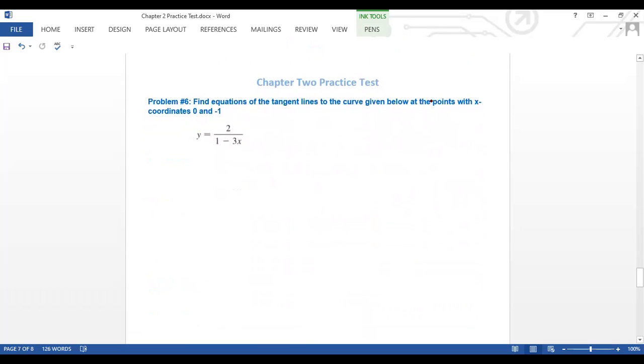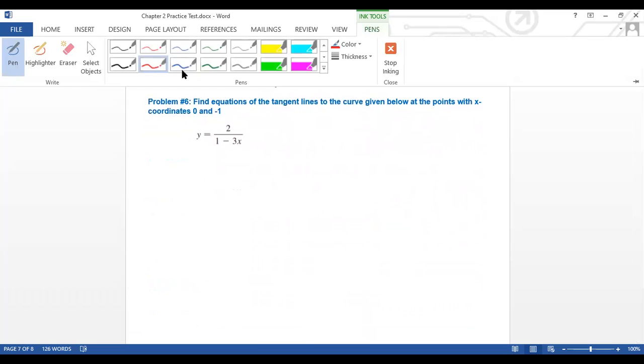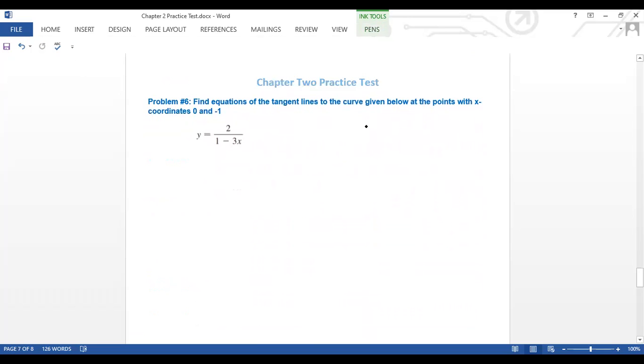Okay, so now let's take a look at the next ones here. They said, find the equation of the tangent line to the curve given below at the point where the x coordinate is 0 and the x coordinate is negative 1. All right, let's try 0 first, right?